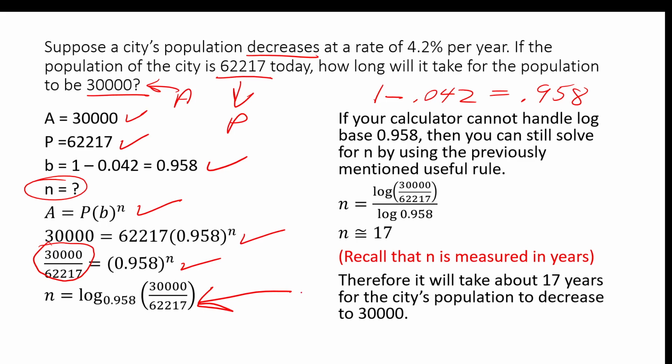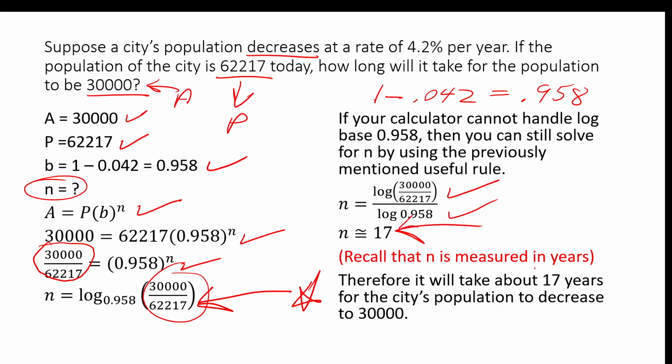If you have a pretty fancy calculator, you can do that equation I just starred. If you don't, then you can just determine the log of 30,000 over 62,217 and divide that by the log of 0.958. The reason that works will be explained to you in grade 12, as we mentioned. But for now, we can say either way, n is equal to 17.